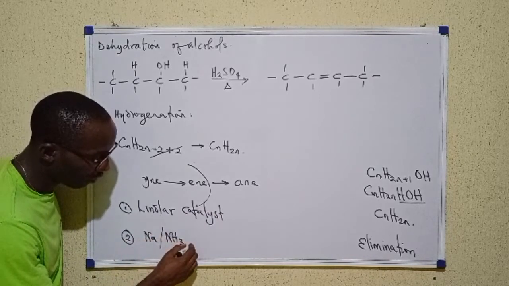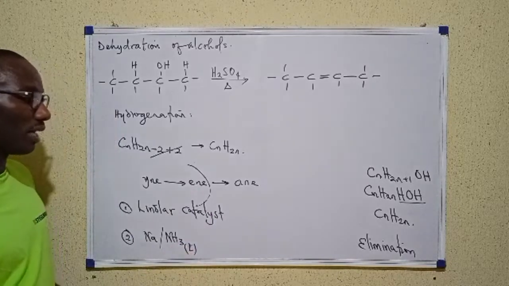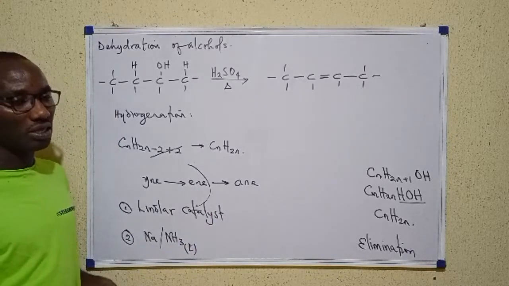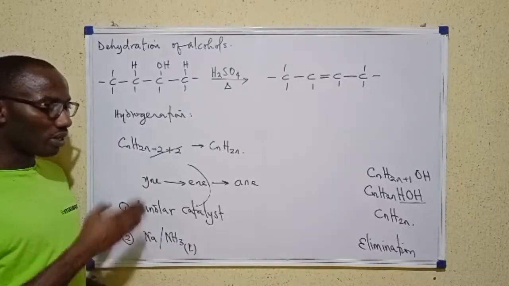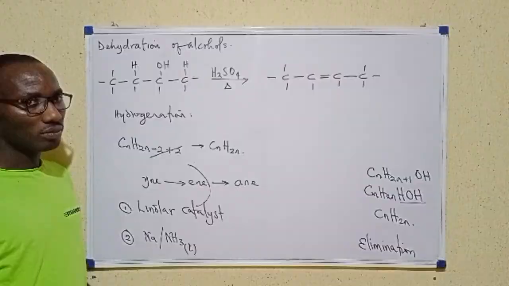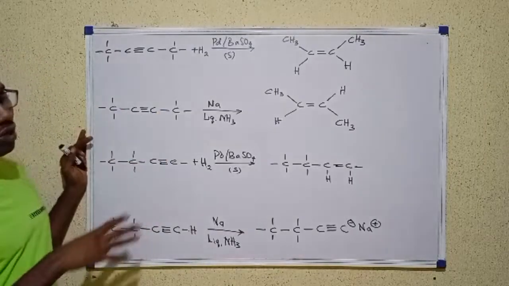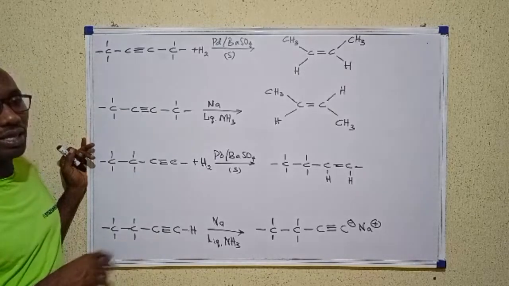So sodium in liquid ammonia can be used for the hydrogenation of alkynes in order to get alkenes. We can write equations to represent these 2 reactions. I have written 4 equations, but I'd like to explain them in 2s.